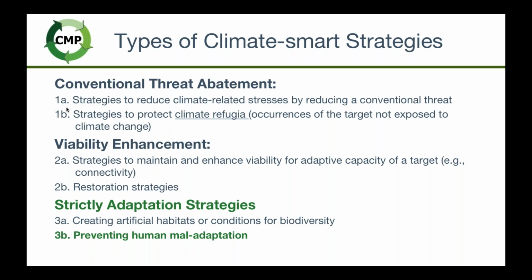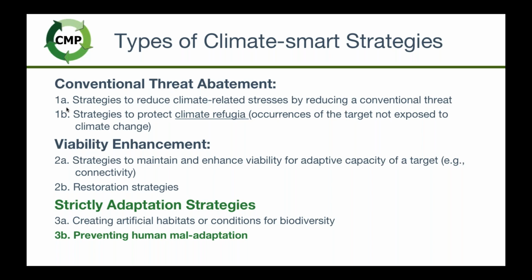So we originally had it under viability enhancement. We moved it because we felt that the action that you would take in most cases would be to identify and protect the climate refugia.